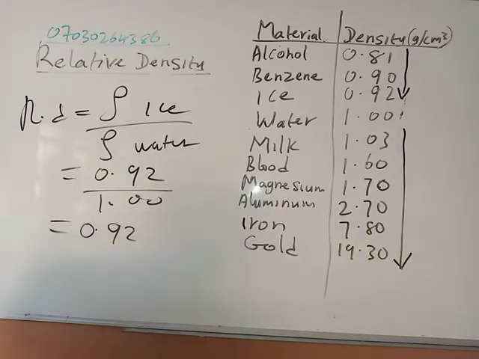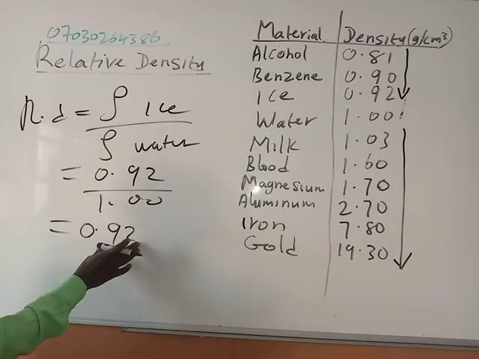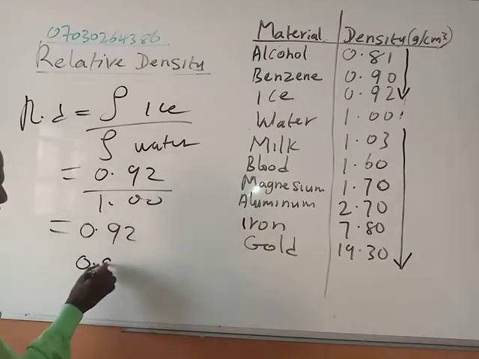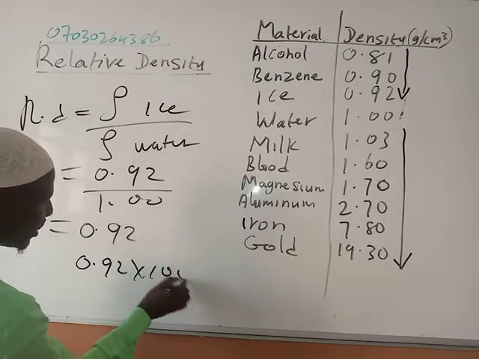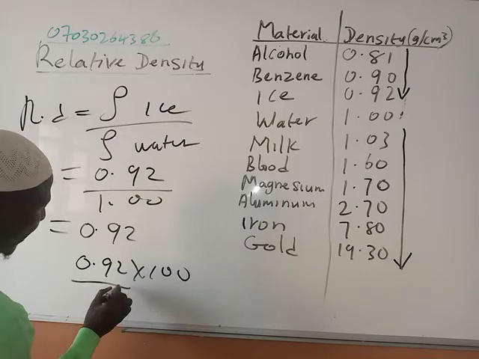Then if I want to know which percentage of ice will sink in water and which percentage of it will be on top of water, in that case I will convert it to a percentage, which will give me 0.92 multiplied by 100 over 1.